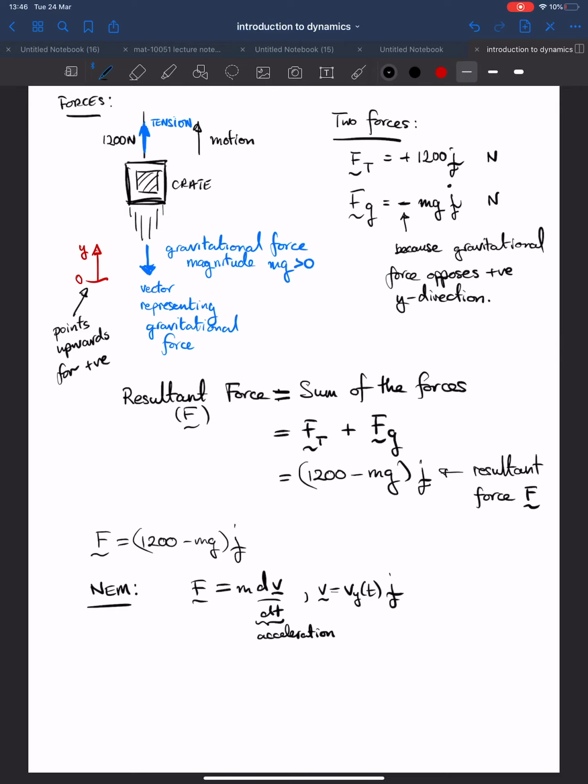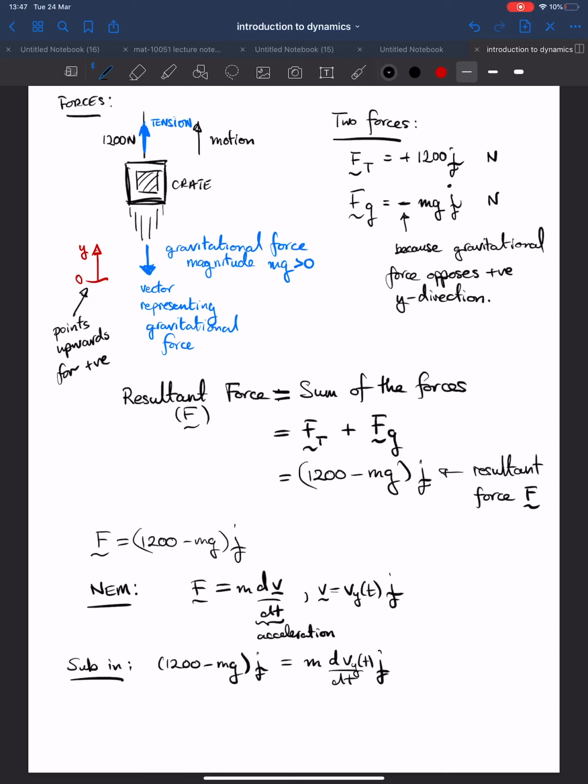Then we have the following equation: (1,200 minus mg) j equals m dvy by dt times j.